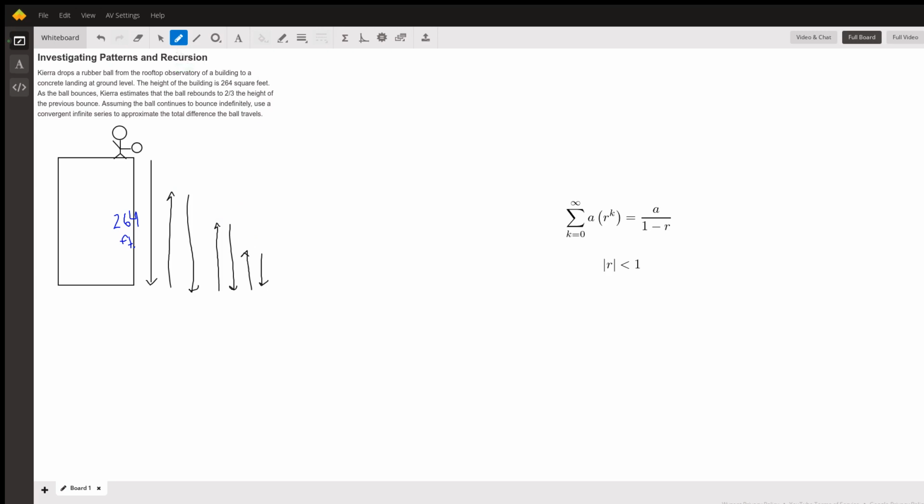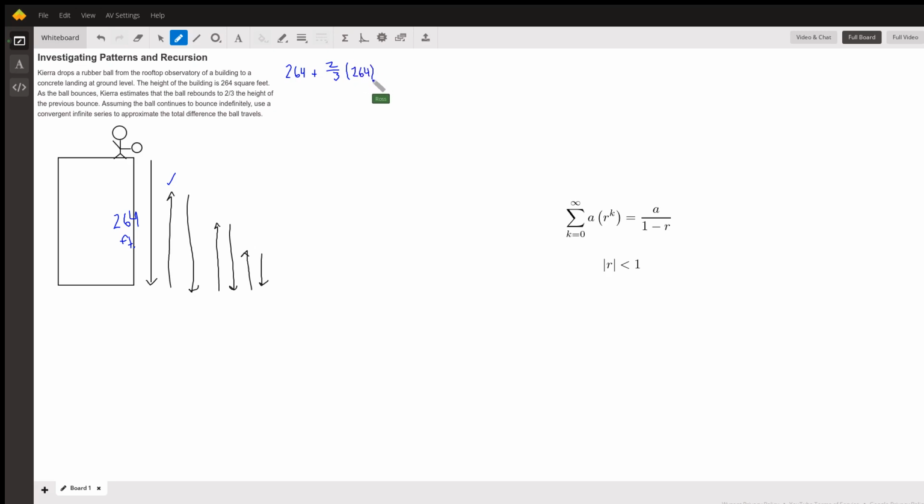All right, so just to get us into starting to write the series, let's start to think about how far the ball is going. So starting off with just the first 264 feet that the ball travels, it's falling to the ground. And then the ball is going to come back up, that's the second arrow, to 2/3 of that 264 feet, or that's what Kierra is estimating.